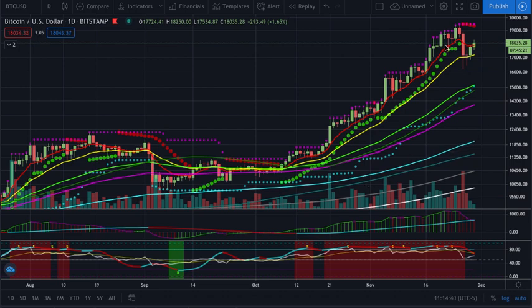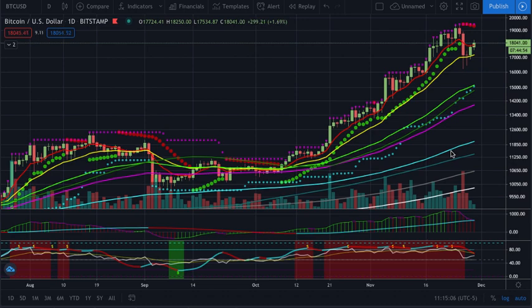All three of those, the red, the yellow, and the bright blue right here, are exponential moving averages, EMAs. The difference between the exponential and the simple moving average, the SMA, is that the exponential is weighted heavily based on time. So the 200 takes the past 200 candles of whatever time frame we're on.